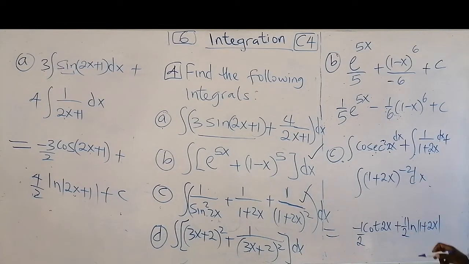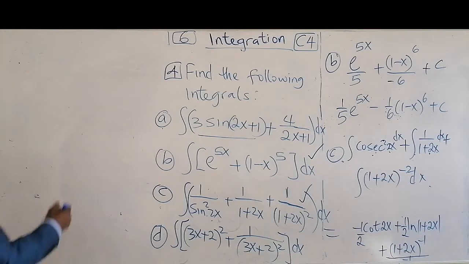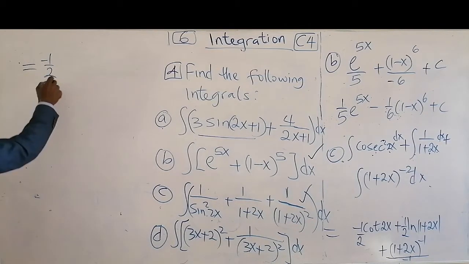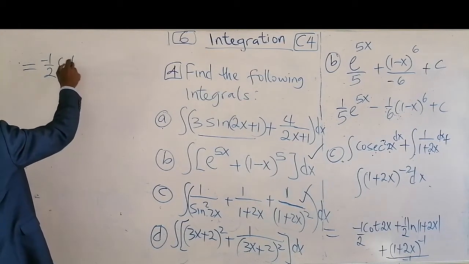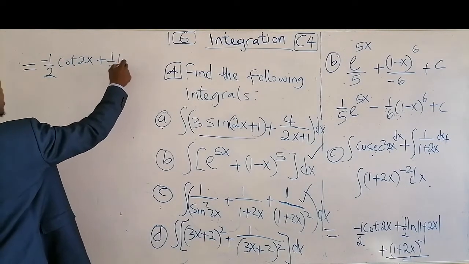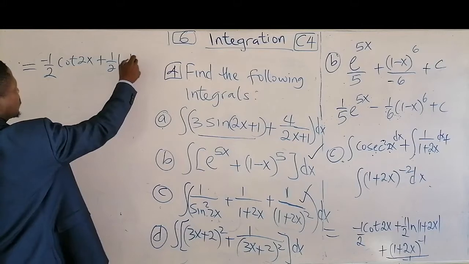Then this one will be (1 + 2x), power minus 2 plus 1, that's minus 1, over minus 1. So the final answer for C will be minus half cot 2x plus 1 over 2 ln|1 + 2x|.